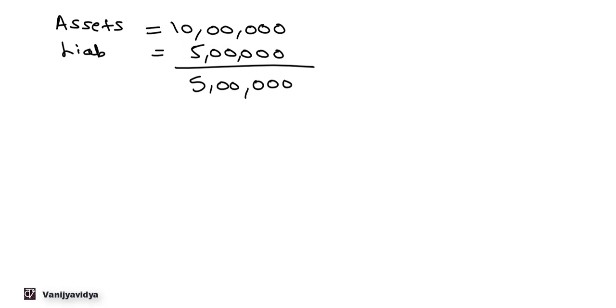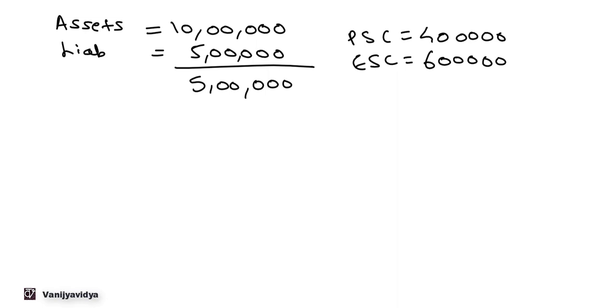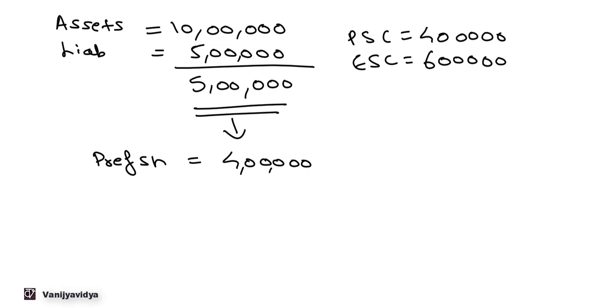So now preference share capital is 4 lakh rupees and equity share capital is 6 lakh rupees. Now out of this 5 lakh that is remaining, first right will be of preference shareholders. So preference shareholders will get 4 lakhs and then the balance 1 lakh will be divided among equity shareholders in the proportion of their shares.